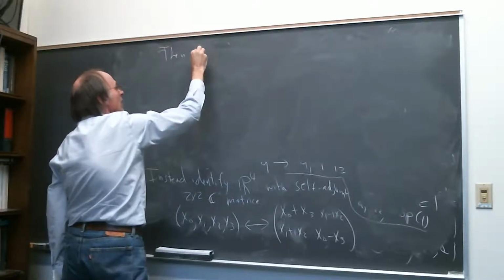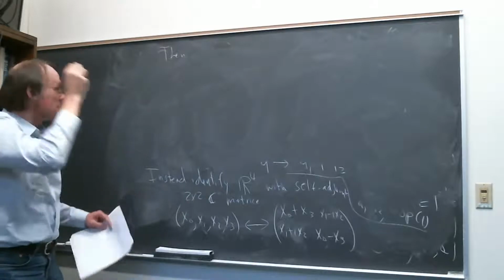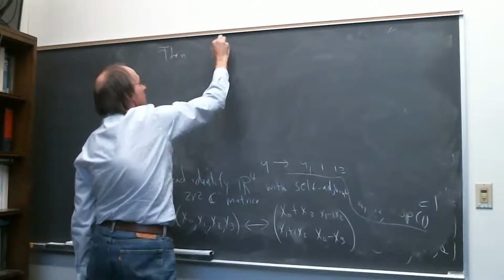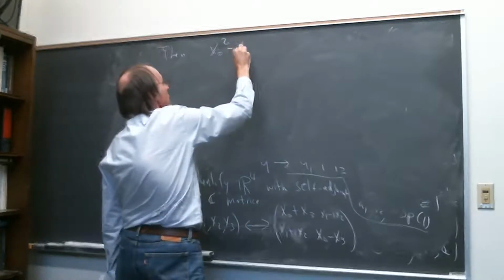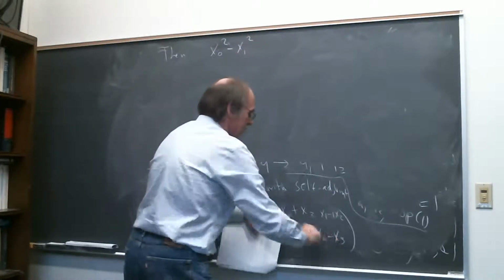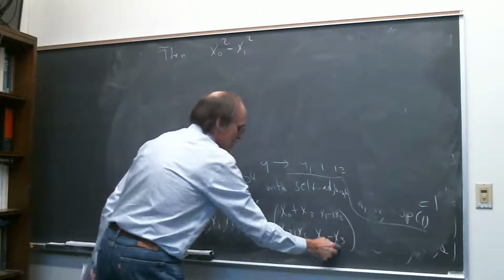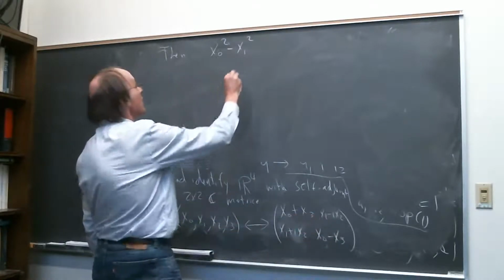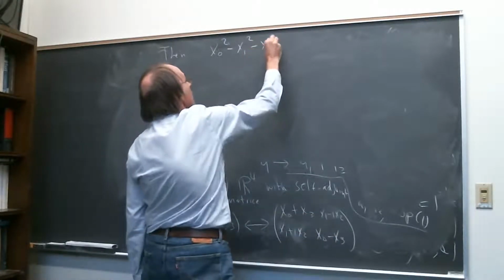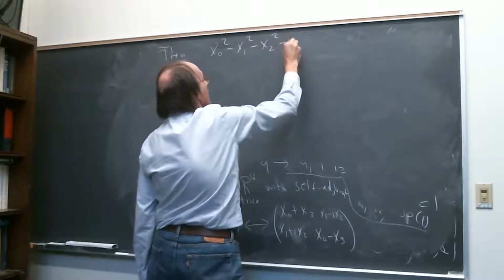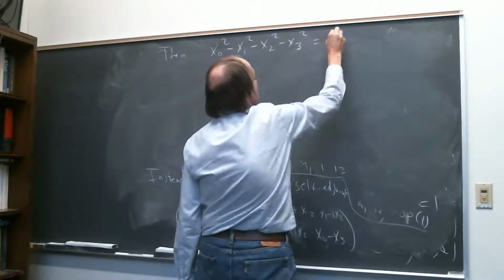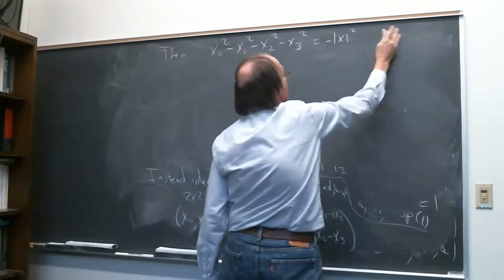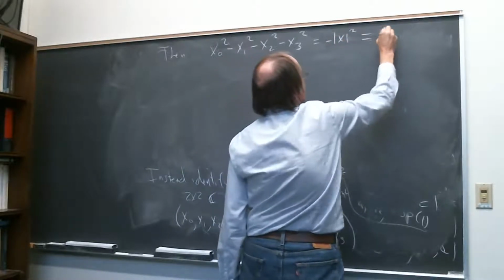Another argument for the opposite side is that if you take the determinant of this, this times this minus this times this, you get that this guy squared is equal to minus x squared. It's the determinant.